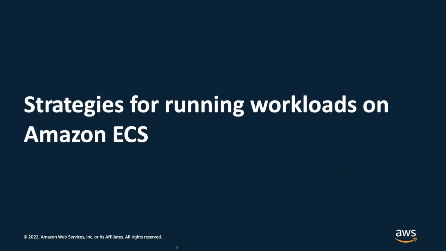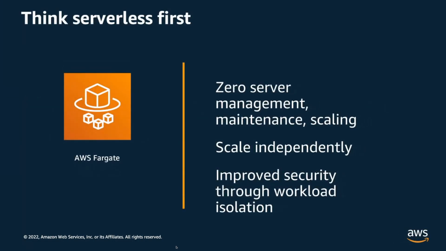So with that, let's talk about some strategies for running modern applications using Amazon ECS. And anytime I have a conversation with anyone, whether it's at a conference, on Twitter, wherever, it always starts with this. Think serverless first. Running containers on self-managed EC2 instances comes with its own challenges and costs.